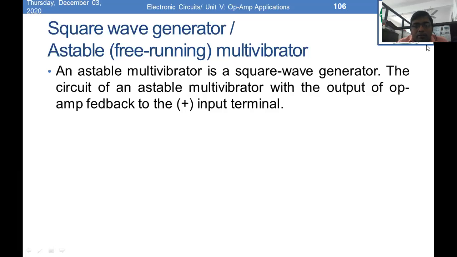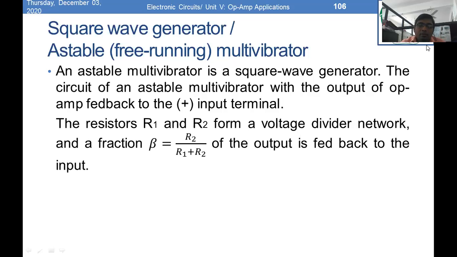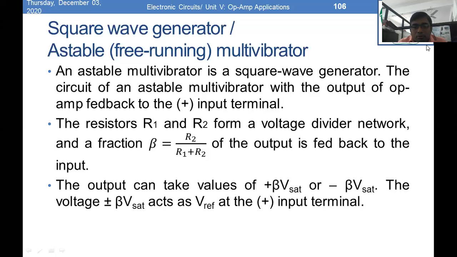In the circuit of this astable multivibrator, the output of the op-amp is fed back to the non-inverting input terminal, and the resistors R1 and R2 form a voltage divider network. You can consider a fraction, R2 upon R1 plus R2, of the output being fed back to the input.